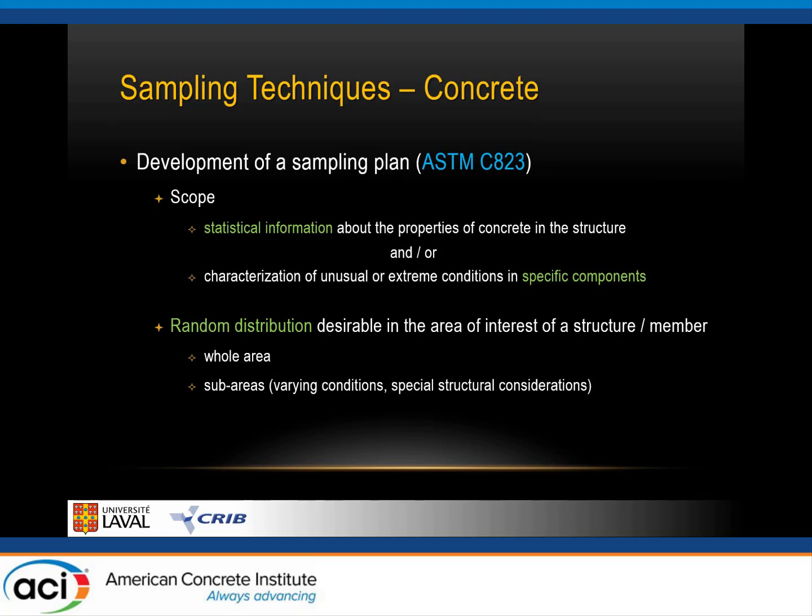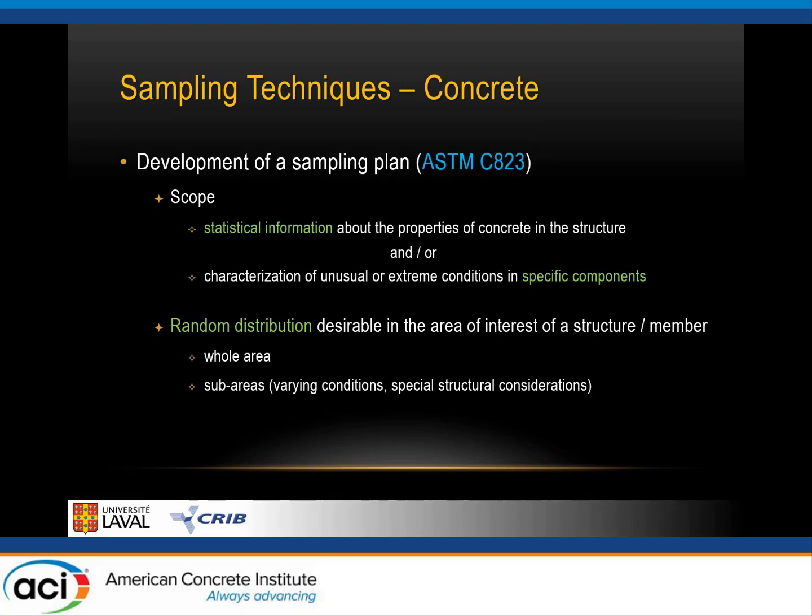And one of the critical phases, in order to provide the actual information and data necessary to ultimately come up with an accurate assessment of what's going on, is the sampling plan.